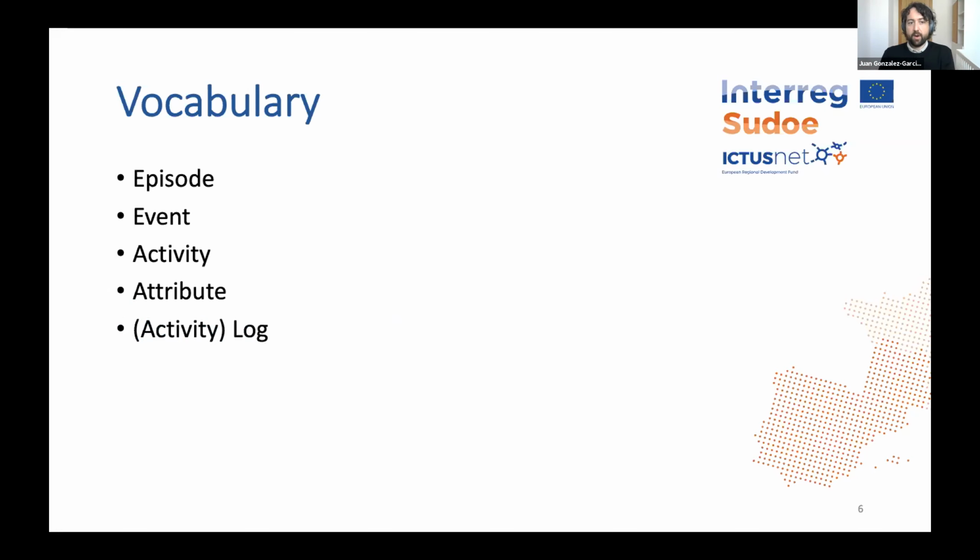What's an event? An event is a portion of the whole episode that refers to a given care setting. In our case, we have events related to urgent care activities, and events related to hospitalization activities. What are the activities? Activities are the core elements in process mining and refer to caregiving elements which have a timestamp associated to them.